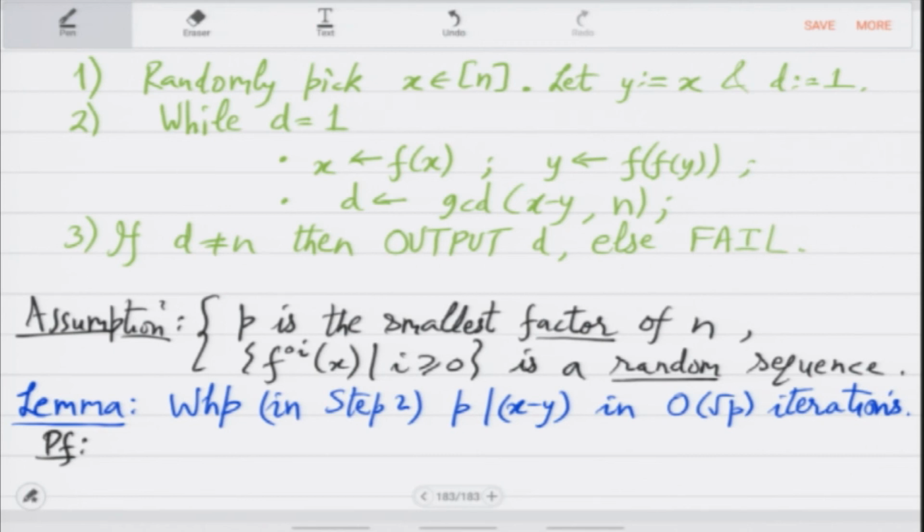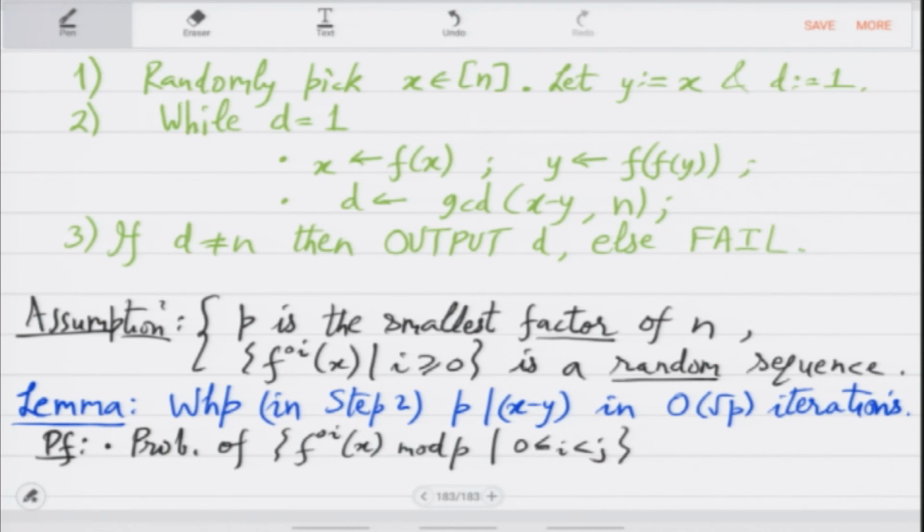Well, since you are assuming that f applied i times on x is a random sequence, consider the probability of f^i(x) viewed mod p, for i from 0 to j minus 1, these being distinct.